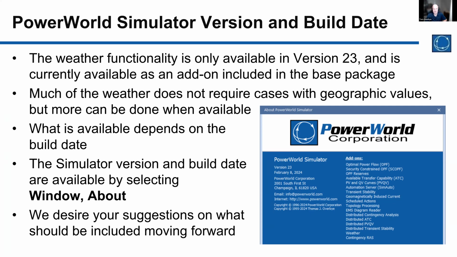You really need to have a recent one, like late January or February. And of course, we're working on adding new functionality, so just stay up to date. I will say we very much want your suggestions on what should be included moving forward, and I'll talk more about some opportunities at the end of the presentation.